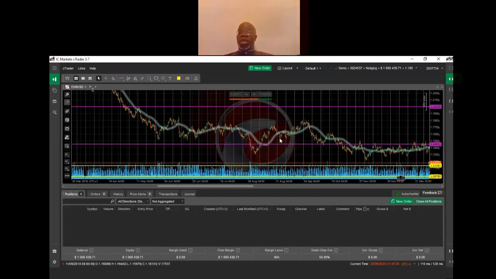Maybe put your, like here, if you entered here, your stop would probably be there, the last low, and your take profit would probably be the last high, which would have been somewhere around here. Which means by the time this one goes up here, you're out of the trade, or this one here. So this is what we call alignment trading.